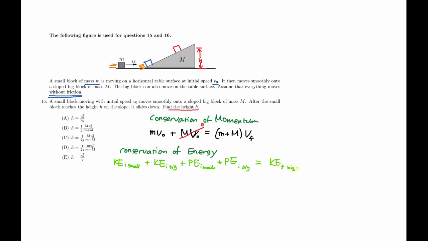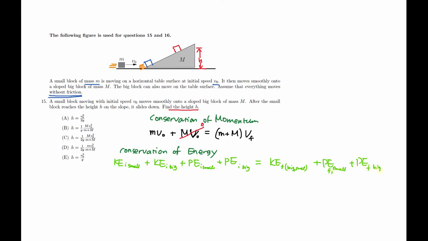You see that both blocks are combined as one system, so I write both here, plus the potential energy of the small and, don't forget, the final potential energy of the big.